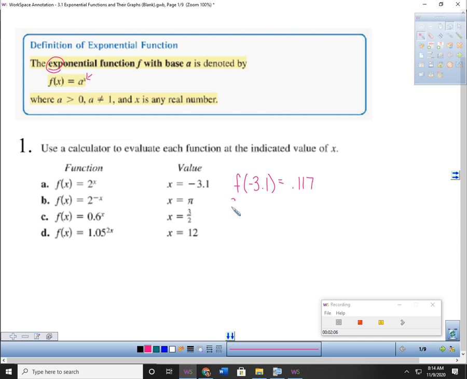So it'd say f of pi is equal to 0.113. And really we should be using the approximate sign instead of an equals. Okay, I'm not even going to do the last two because I feel like you guys are good with that.